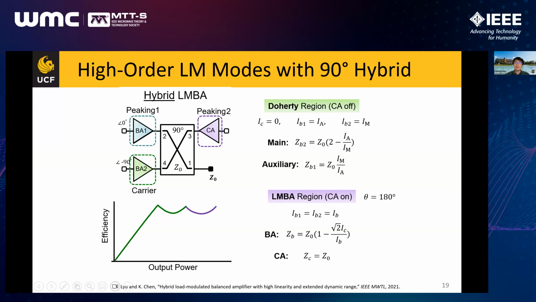So here we have the Doherty region and the LMBA region for operating this amplifier, such that we can achieve multiple efficiency peaks along this dynamic range. In this case, the control phase of the peaking device needs to be set as 180 degrees.